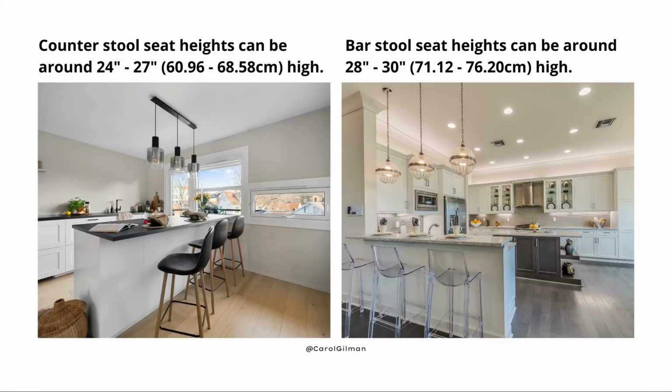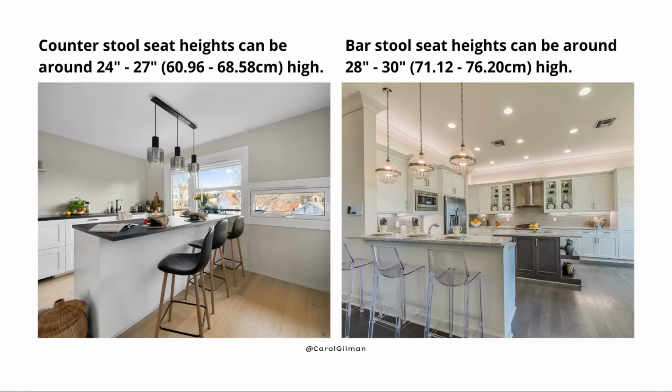But if you have a little higher area at a bar height, then you want to look for a seat height that is between 28 to 30 inches high. And what we're looking for is that there's around 10 inches between the bottom of the counter to the top of that seat.